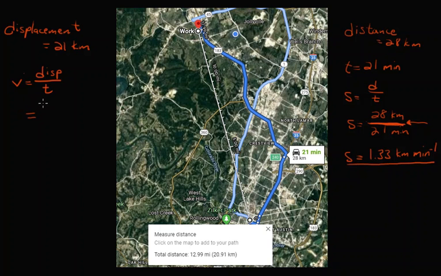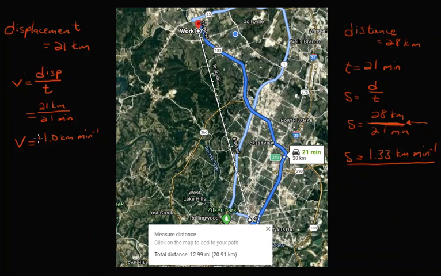Let's say it takes the same amount of time to go from the capital there using our route. Well, that would mean we go 21 kilometers in 21 minutes. And so our velocity is 1 kilometer per minute. But we're missing something. This is a vector, so we need a direction, and we can do this one of two ways.